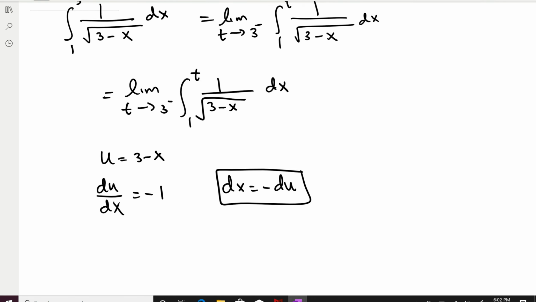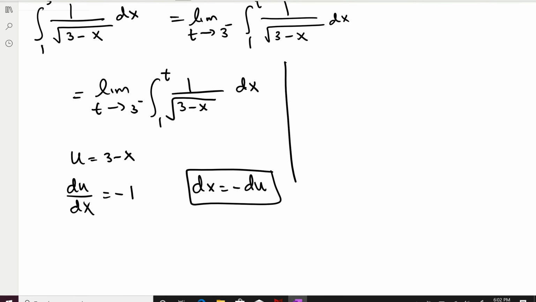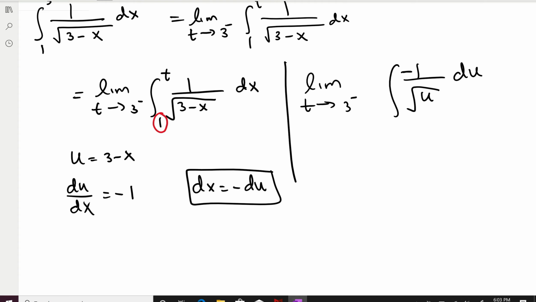If you substitute, what we get is limit when t gets closer to 3 from the left, 1 over square root u, and dx is minus du. So, it's minus du. Now, the limits of the integral have to change. When x is equal to 1, u is 3 minus 1, which is 2. When x is equal to t, u is 3 minus t.